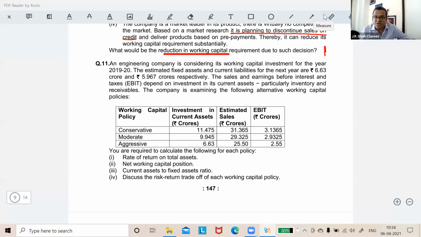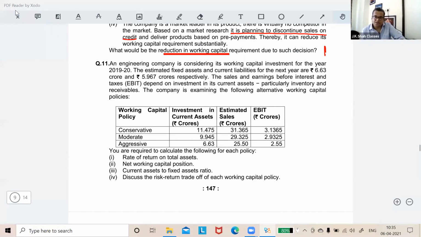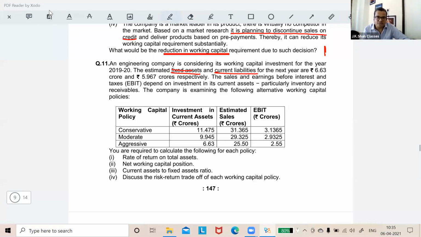An engineering company is considering its working capital investment for the year 1920, estimated fixed assets and current liabilities. Fixed assets are how much?